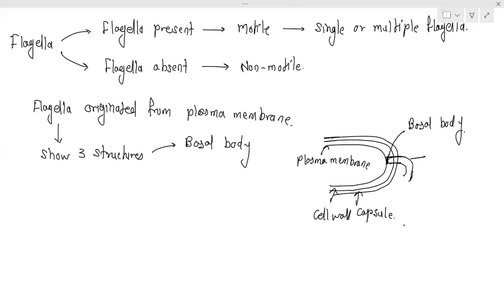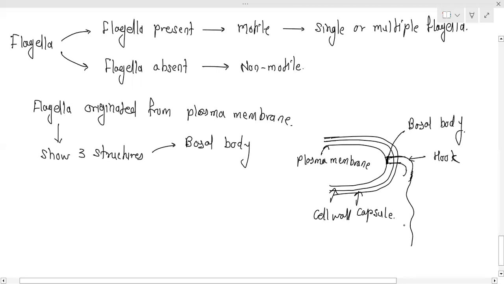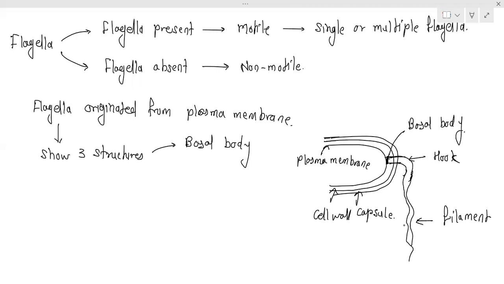It takes a turn when it comes out of everything. And then it has that long, thin structure called the filament. That's why it has the basal body, hook, and filament.